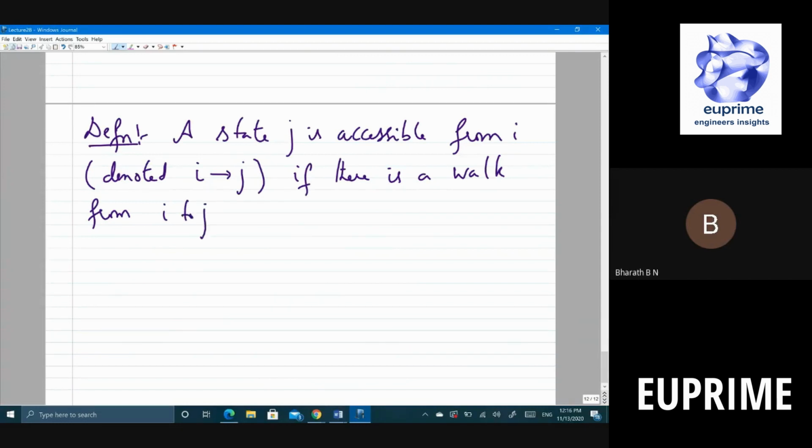If there is a walk from I to J, it means the probability that I start at I and go to J in some step L is greater than 0 for some L. Then we say that state J is accessible from state I. Is that fine?